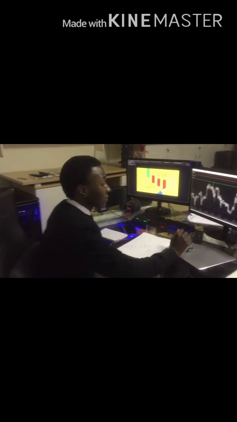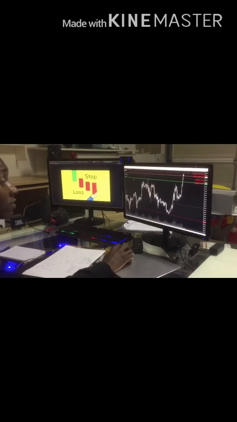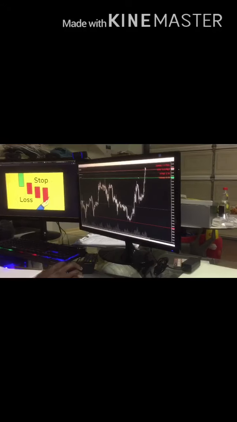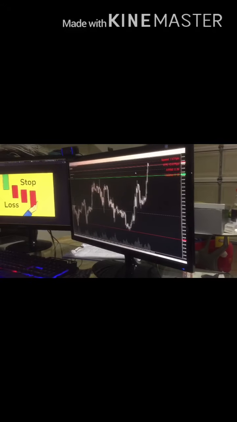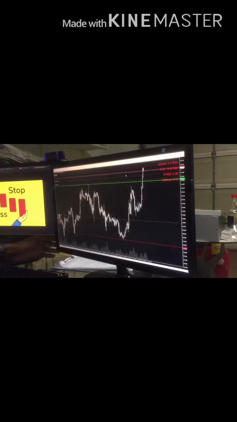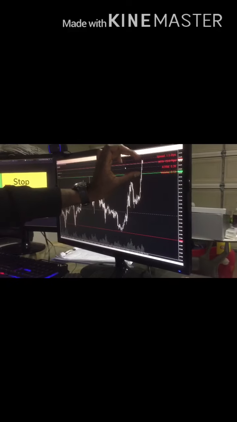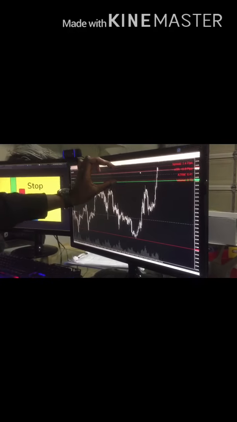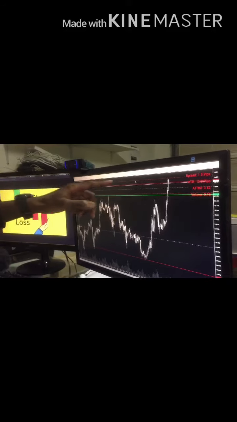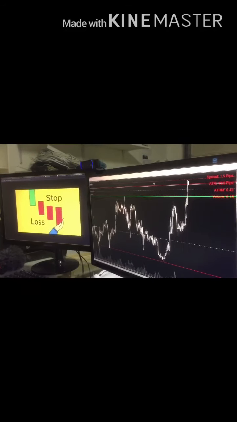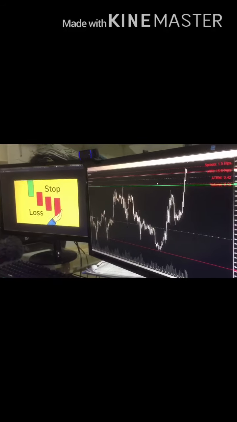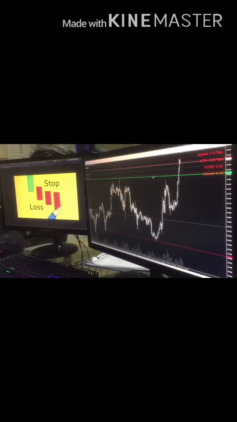Let's take a look here. So here we have a trade going on. Alright? So now when we're trading, we usually find a range, and this is our range right here. So our range is usually just two horizontal lines, and the first one is here, second one is the green one. Okay, that's our range.